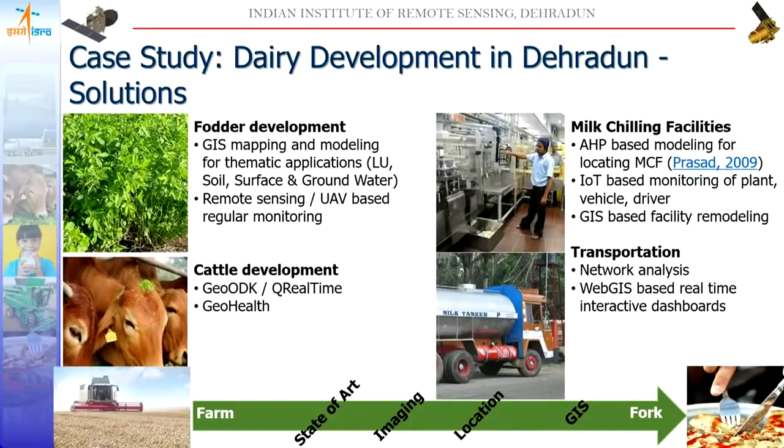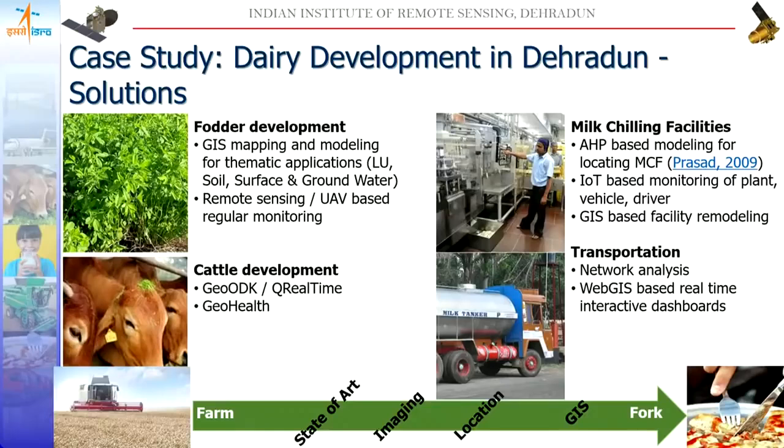For fodder development, GIS can help you identify those areas where you can have better facilities with respect to soil availability, groundwater, surface water, all those basic requirements for fodder development. In fact, there are a lot of satellite data sets available. You can even fly UAVs and have real-time assessment of those areas.